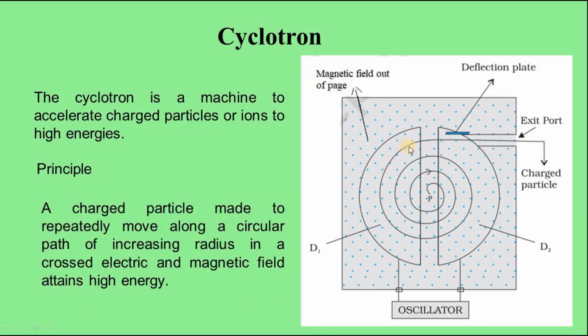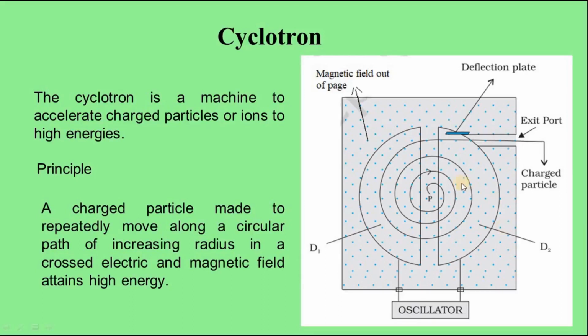In the construction part of this cyclotron, we see that there are two D-shaped hollow cylinders called Ds. The Ds are connected to a high frequency oscillator. The Ds are placed in a magnetic field.